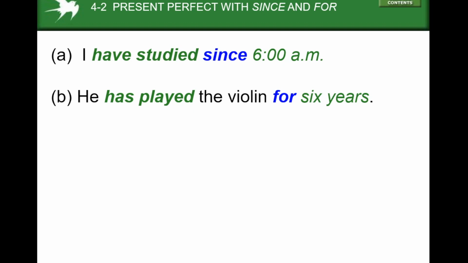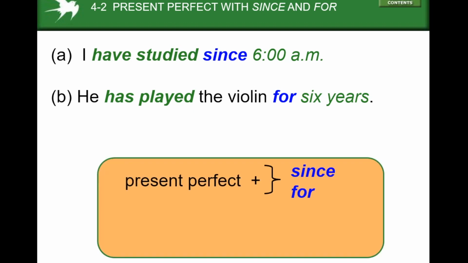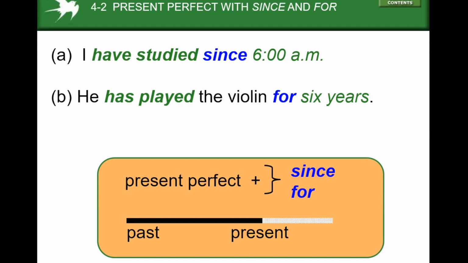Now we are going to focus on those two adverbs that you can use with present perfect tense. There are since and for. Both of these words explain how long something has been happening for. It's a duration of time.